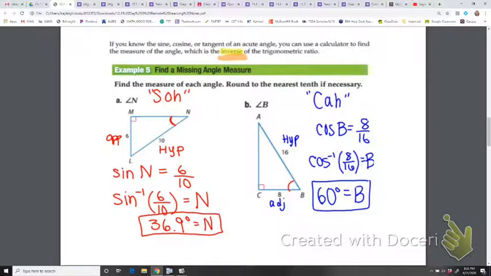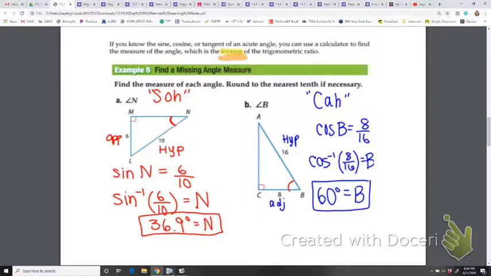Letter B wanted the angle B, so I labeled that with a little angle mark. Now the 8 and the 16 sides are the adjacent and the hypotenuse. So on this one, we're going to use cosine. So cosine of B equals the ratio of 8/16. Again, you can reduce that to 1/2 or just keep it as 8/16.